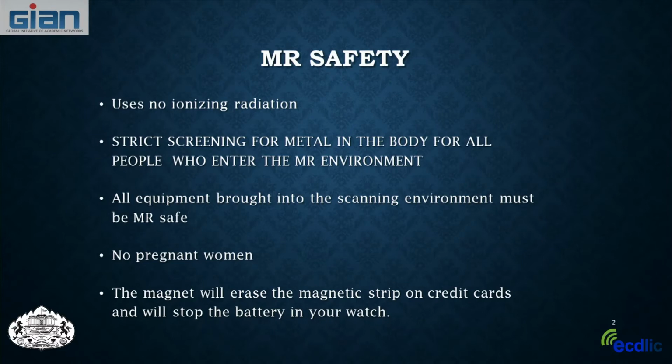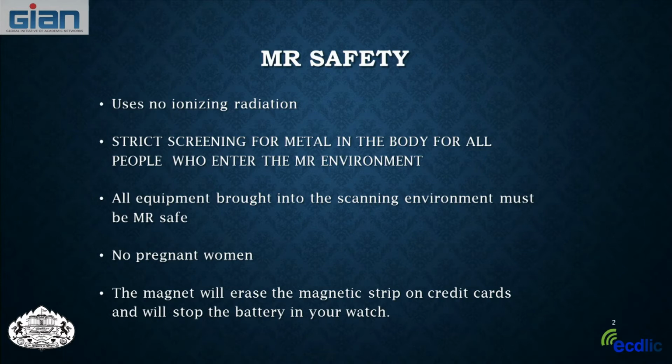Okay, so MRI safety. Again, MRI uses no ionizing radiation, which is a big benefit. People don't have to feel nervous about getting exposed to radiation. Our institutional review boards feel better about letting us study children, the elderly, and sick populations. One of the biggest concerns, though, is metal in the body.